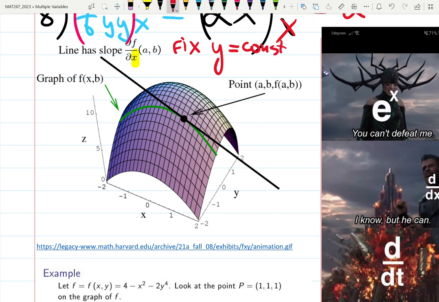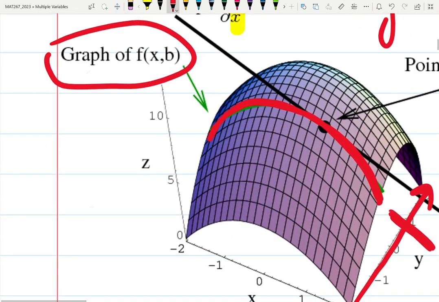Actually, everything else is a constant: y and z. So y is here. This is y, as you can see on this graph. That means y now is a constant, for example 10 or 15. That is why this becomes a constant. This is the function f of x, comma, constant. If you don't see, let me zoom in.